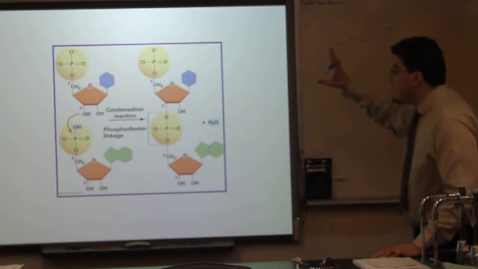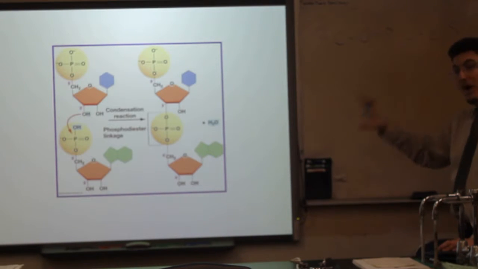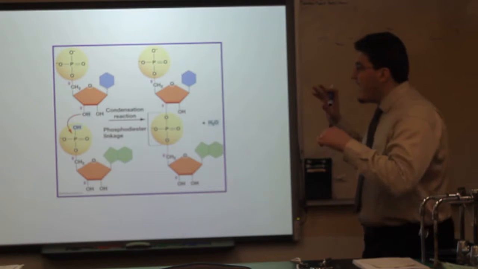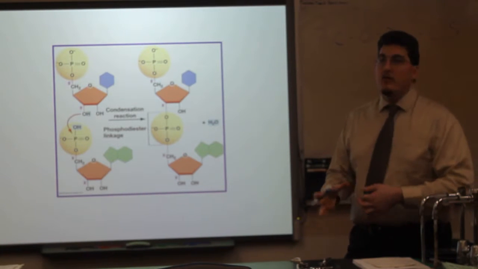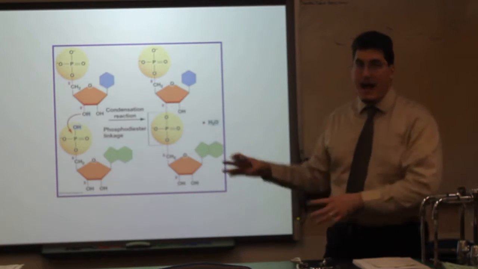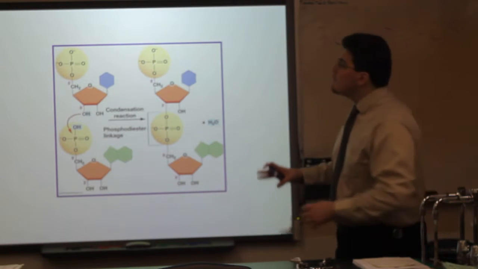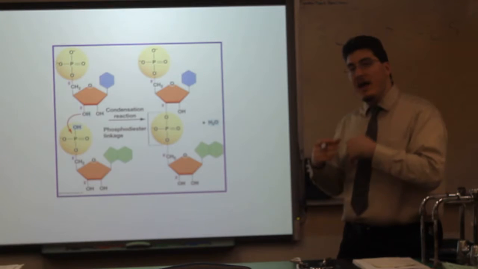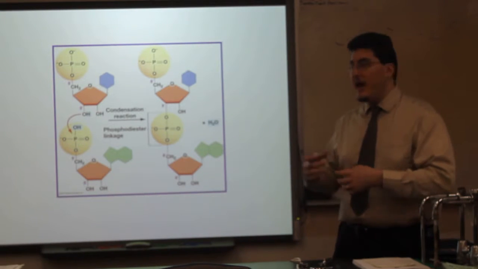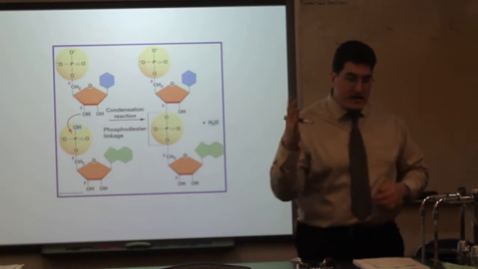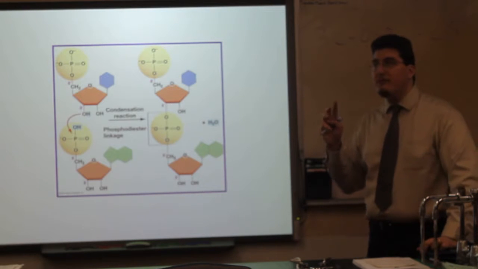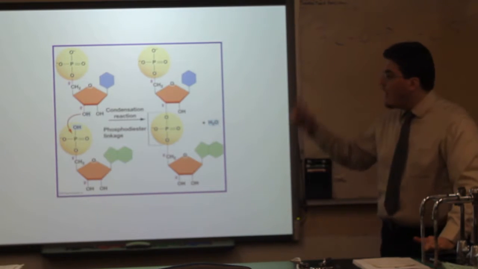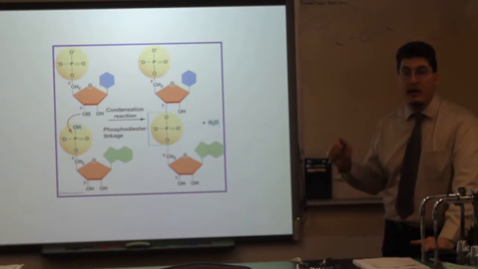Now, this is not shown here, but the energy required to make this reaction happen requires that you have a trinucleotide, the 3 phosphate group version of whatever nucleotide you are working with.